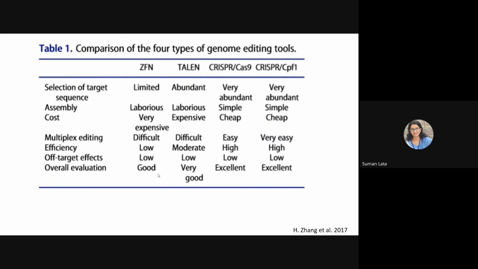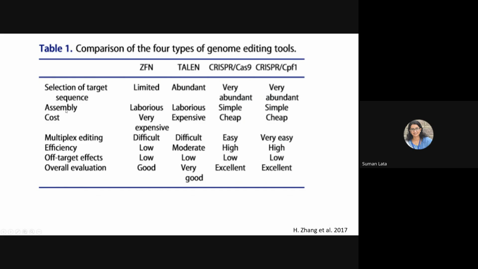This is the comparison of the different genome editing tools like ZFN, TALEN, Cas9, and CPF1. So if we talk about the selection of the target sequence, it is limited in case of ZFN, and in case of TALEN, it is abundant, and in case of Cas9 and CPF1, it is very abundant.